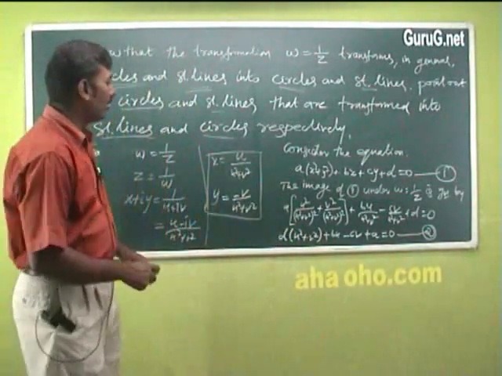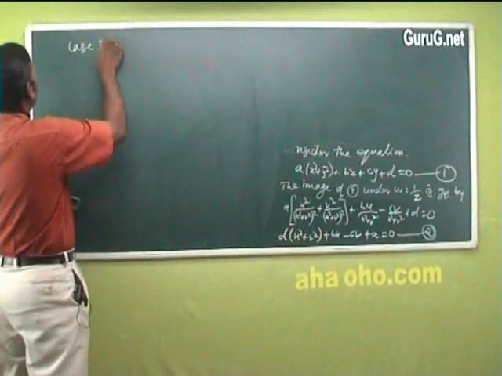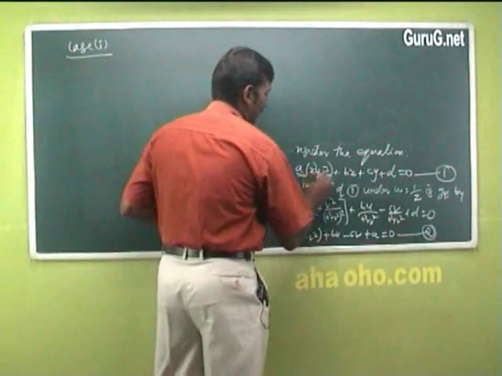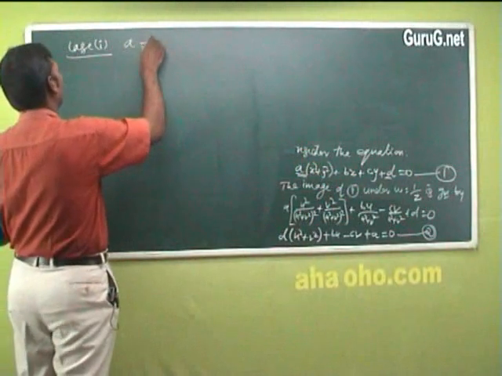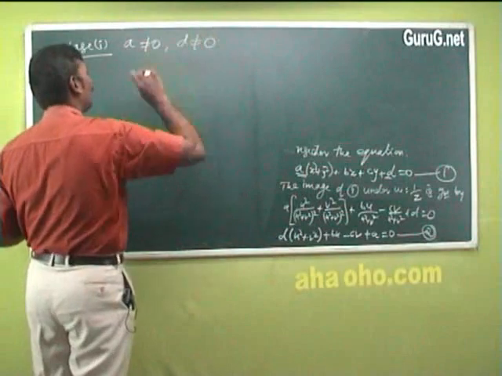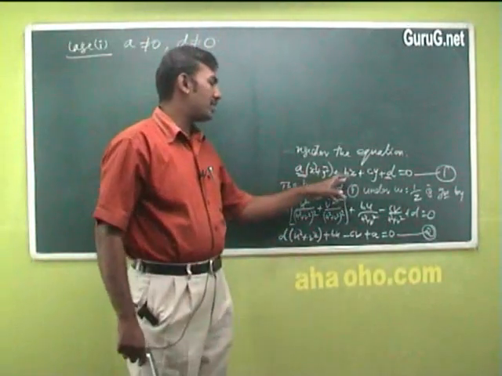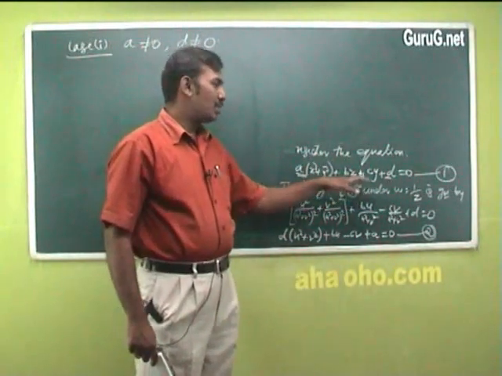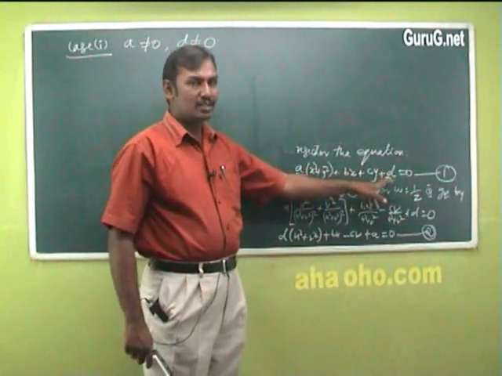I'll discuss the 4 cases. Case 1: A and D are not equal to 0. This equation represents a circle not passing through the origin, as there is a constant term in this equation.